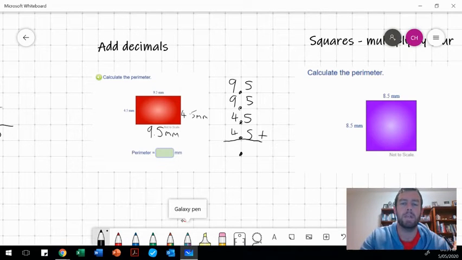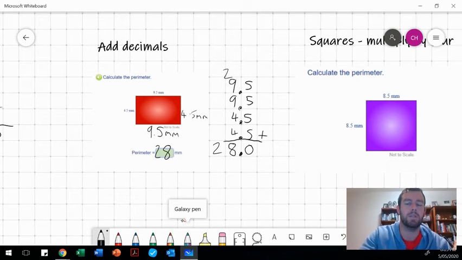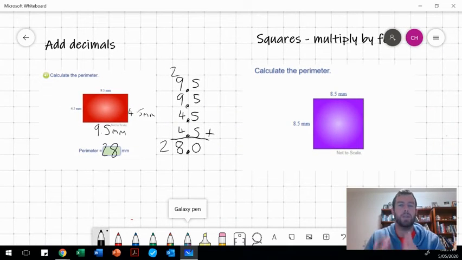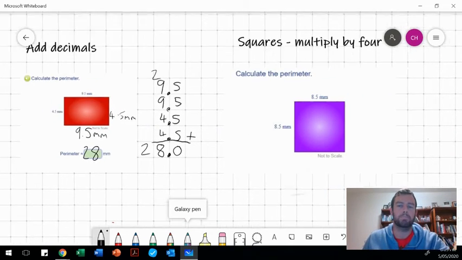So I have 5, 10, 15, 20. We have 9 plus 9 is 18, plus 2 is 20, plus 4, 24, plus 4, 28. So I can see that the total perimeter for this shape is 28 millimeters. So that strategy there, adding decimals, make sure you keep the decimal point lined up.